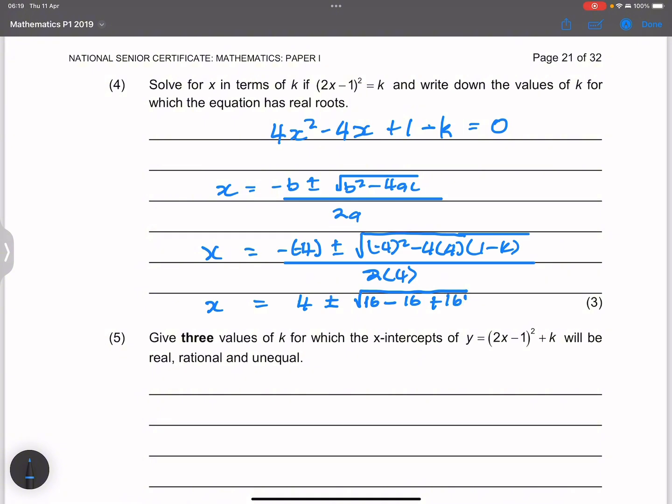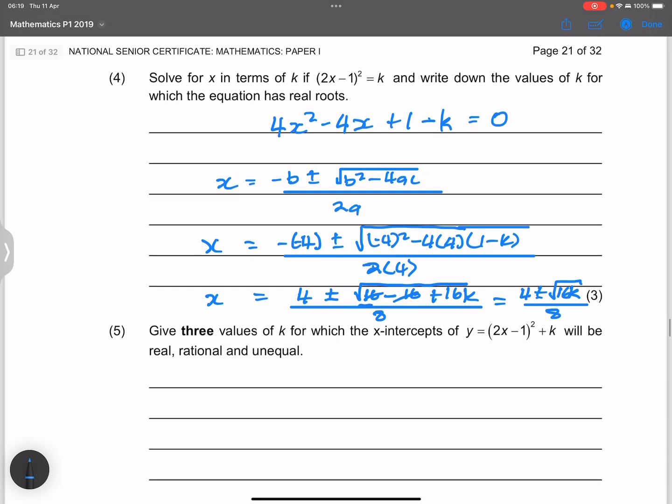And all of this is over 8. So these cancel out, and I end up with 4 plus or minus the square root of 16k, divided by 8. That's our final answer, so that will be x in terms of k.